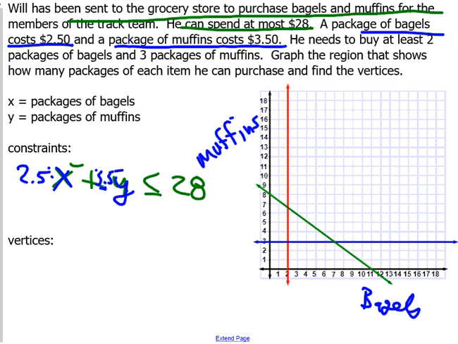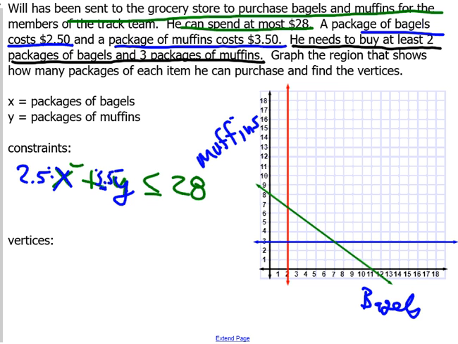Is there more? Yes. I'm going to just underline it. I'm going to ask you to try to figure out what the equation should be for this black underline. He needs to buy at least 2 packages of bagels and 3 packages of muffins. Hint, make them separate equations.